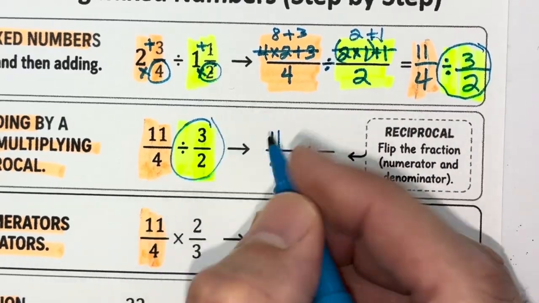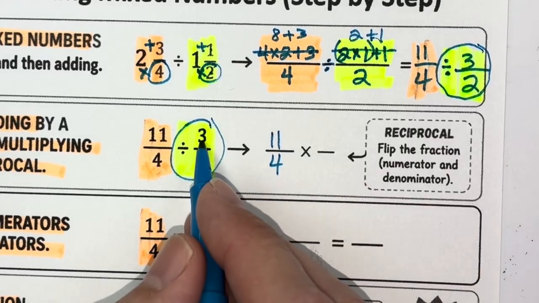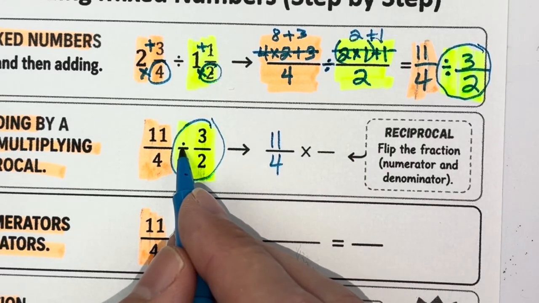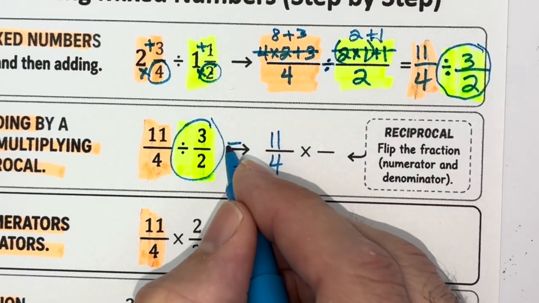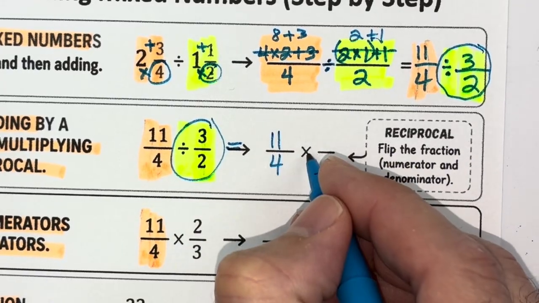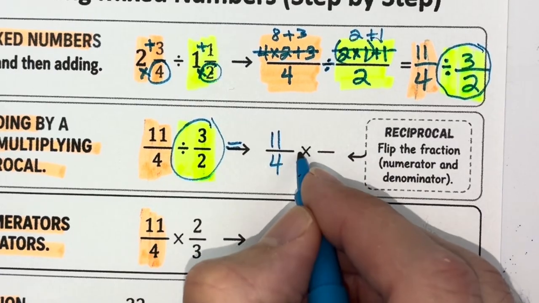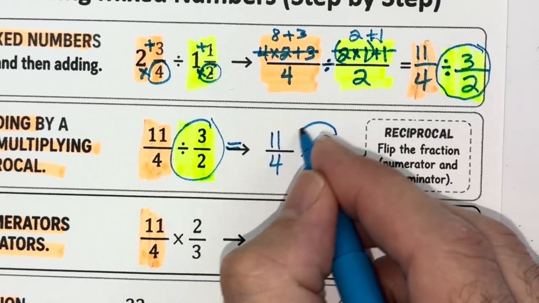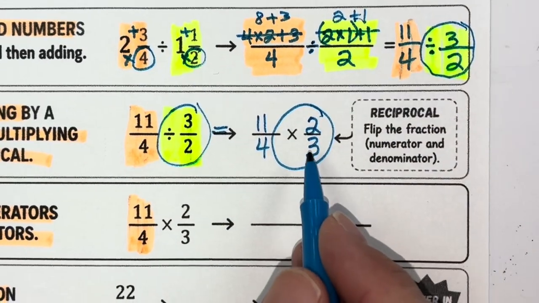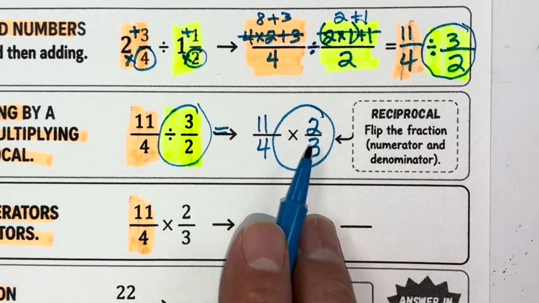And then we are going to rewrite this using the reciprocal. So dividing by 3 over 2 is going to be equal to multiplying. We change the sign, so we flip it from division to multiplication, and then we flip the fraction over, and that'll give us the result that we're looking for. So instead of dividing, we want to focus on multiplying these fractions.